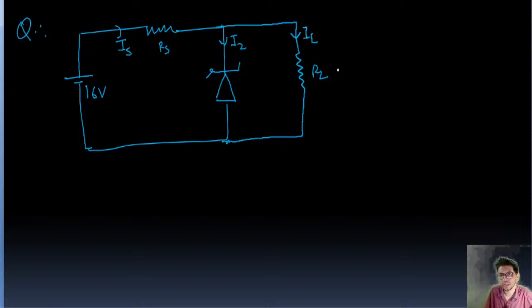And there is V naught, which is equal to IL RL, right?